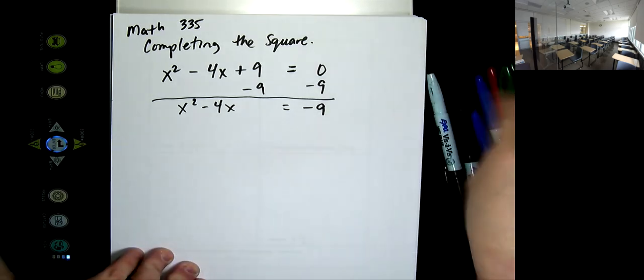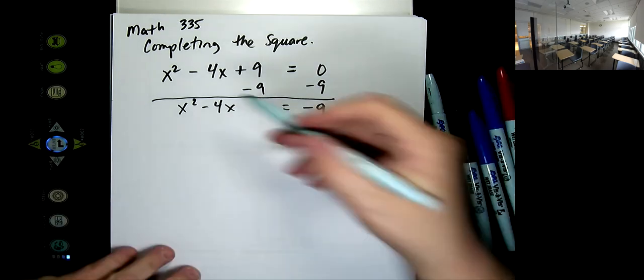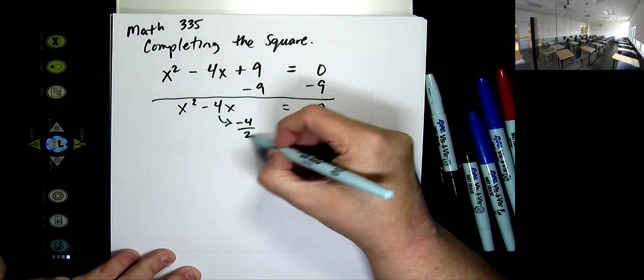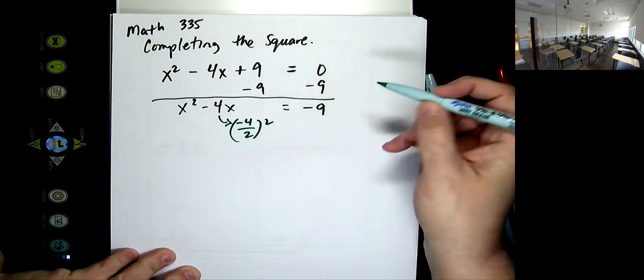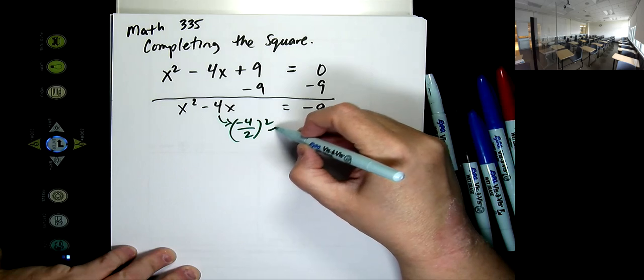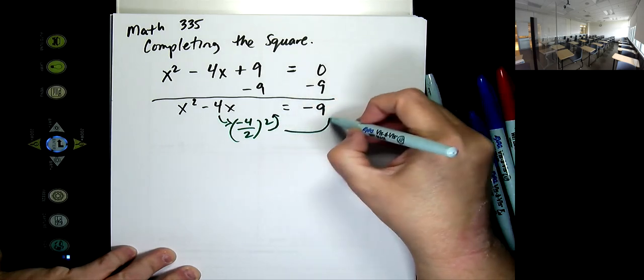Then we would take this and cut it in half and square it. And we would add this to each side.